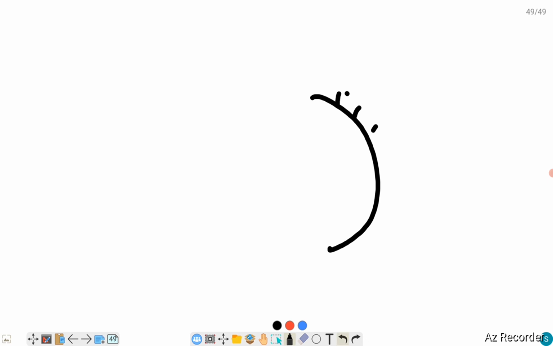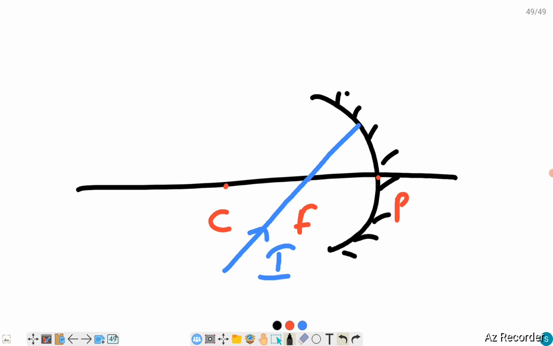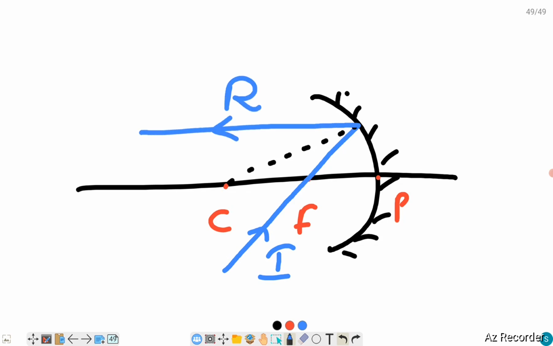Same, you have to take the mirror, mark the points, pole, focus, and center. Now take the incident ray passing through the focus point. This is I. Now draw the normal. This is the normal. How will the reflected ray be? Exactly parallel to the principal axis. This is the reflected ray. Understood?